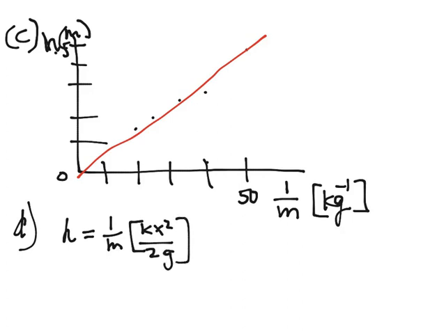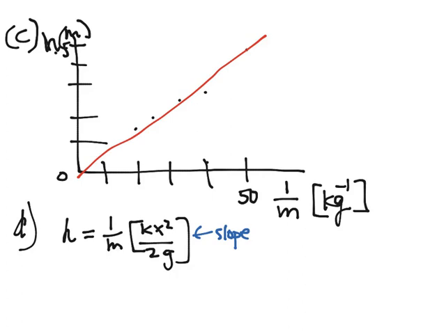And once again, kx squared over 2g is our slope. So what I need to do is find the slope of this line. Since I don't have an exact number, I'm just going to eyeball rise over run.